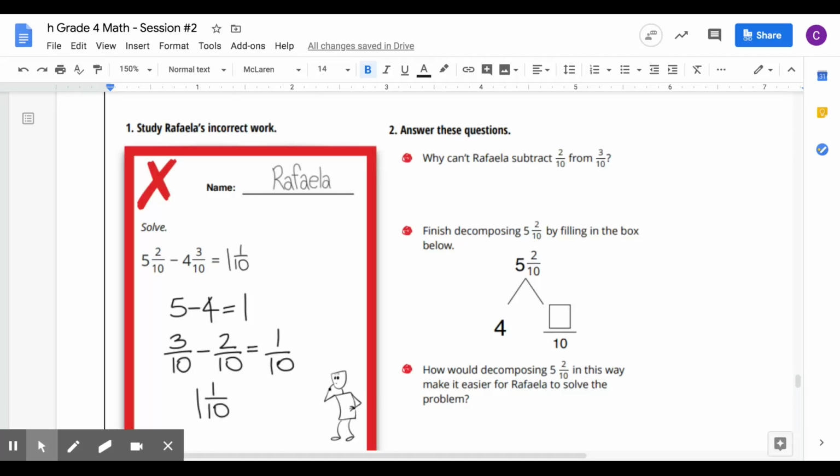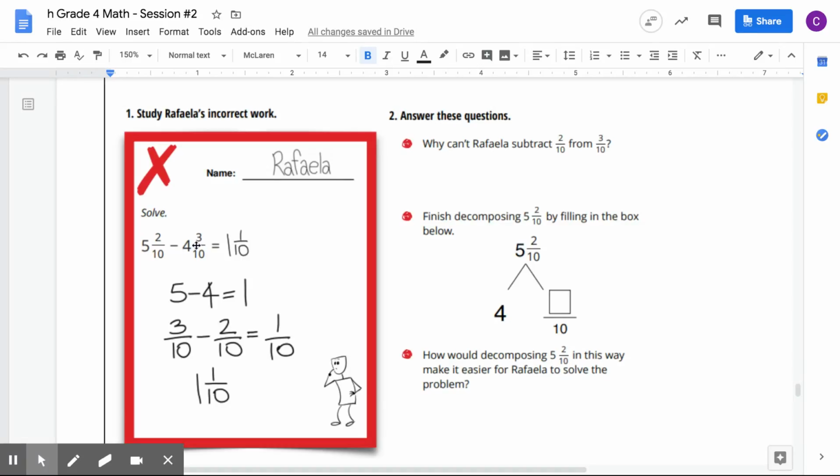So I'm going to grab one more of these and I'm going to shade in 2 out of 10. So we have 1, 2, 3, 4, 5, and our 2/10. Okay. And we are subtracting 4 and 3/10.